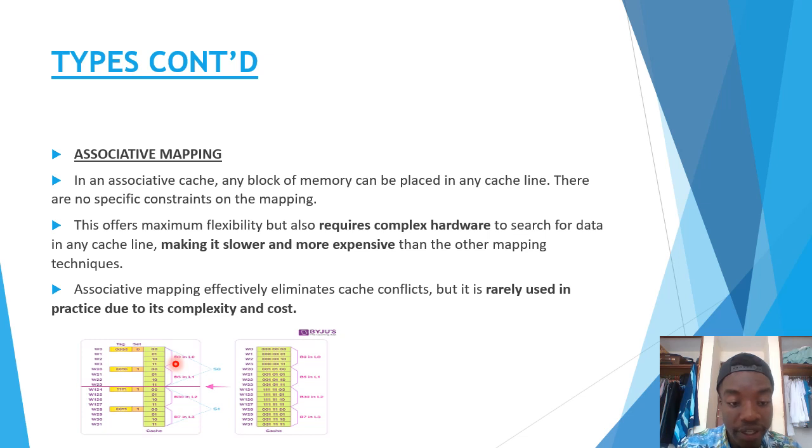We group different blocks into sets, and we first determine which block is going to be mapped to which cache line.